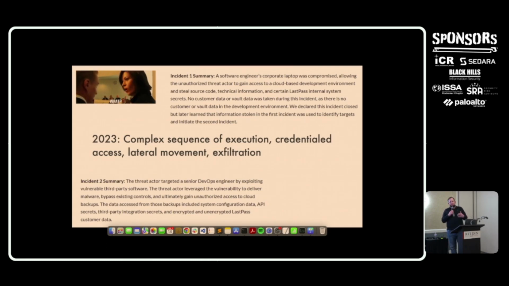Whoever the threat actors were, they were able to identify the user's home IP address, find that port, find a working exploit for that media server, and then gain persistence on that developer's home system, which they had apparently been doing work from. So they were able to harvest credentials from that home system and then use those credentials to gain access to the cloud environment.